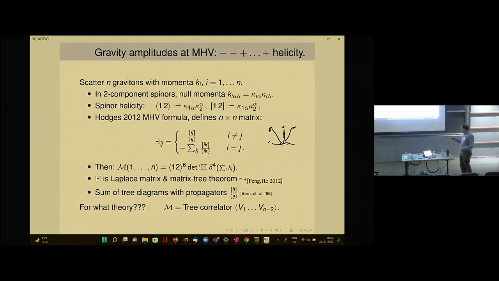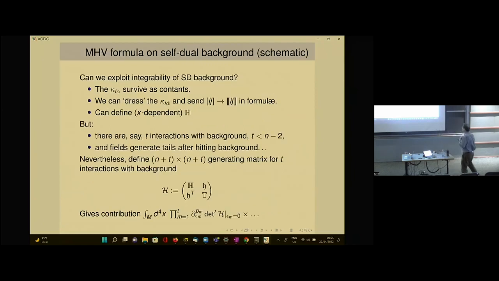Once you know that, that's a cute thing to know. It explains this old result of Bern, Dixon and friends, but it gives you the power to actually extend it to give you a formula that can live on a more general background.